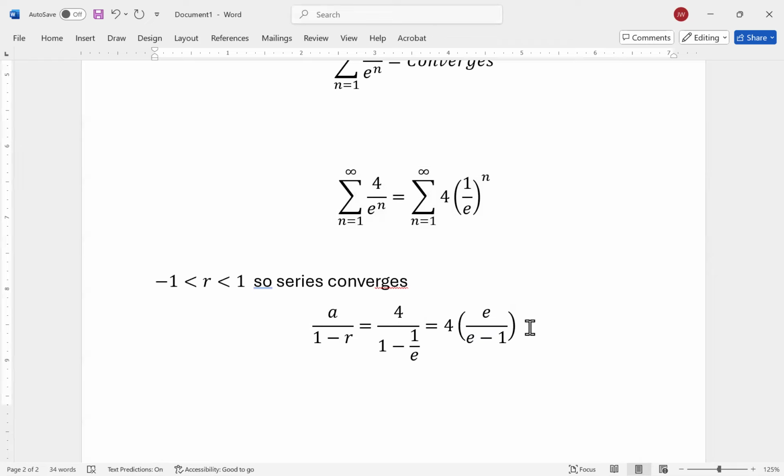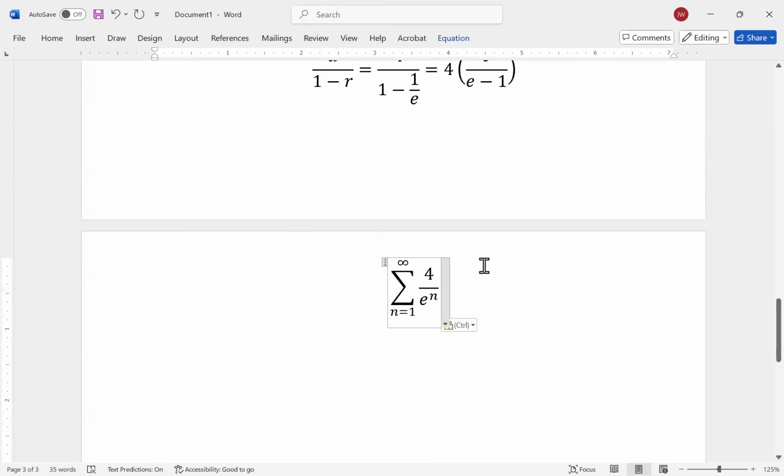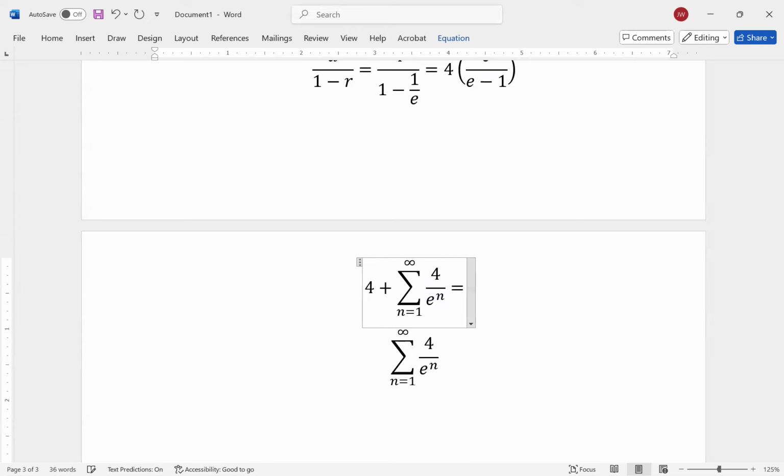So what I'm saying is we know that 4 plus our summation starting at 1 gives me 4 times e over e minus 1.